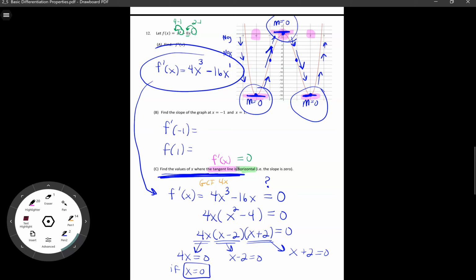And the only way x minus 2 can be 0 is if x is a +2, because 2 minus 2 would give me 0. And the only way x plus 2 could be 0 is if x is a -2, because -2 plus 2 would be 0. So you can get those 3 really important points, those x values that create those local mins and local maxes, just by setting the derivative equal to 0.